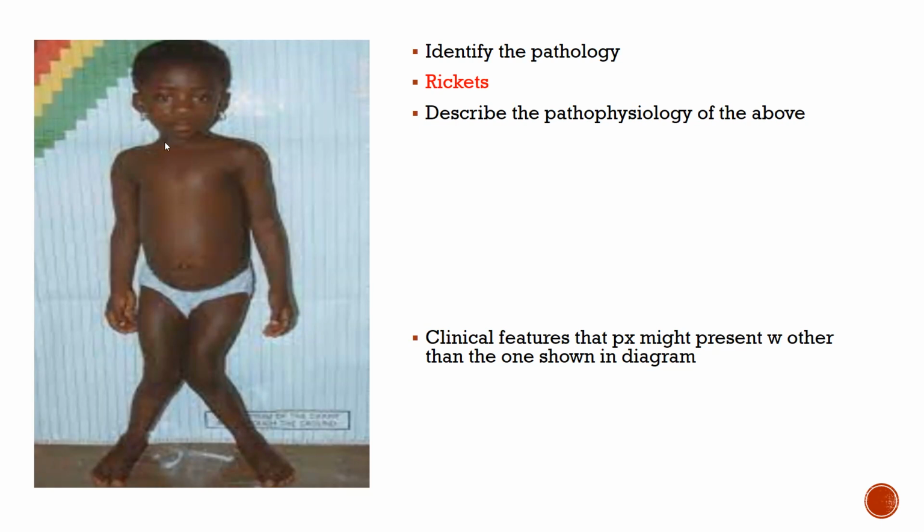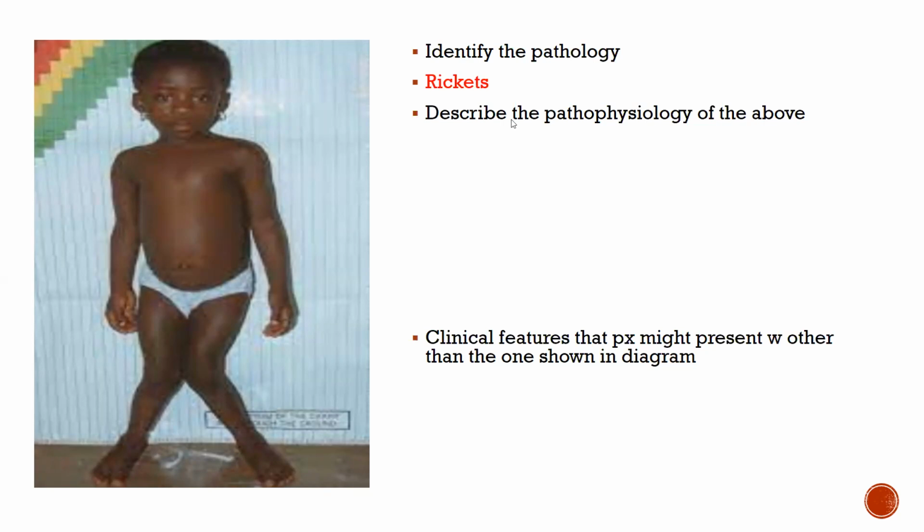Then in this picture, when this guy was young, probably there's a deficiency in some of the vitamins that led to this. Vitamin D. Thank you. I wanted to ask it, but you have gone ahead.